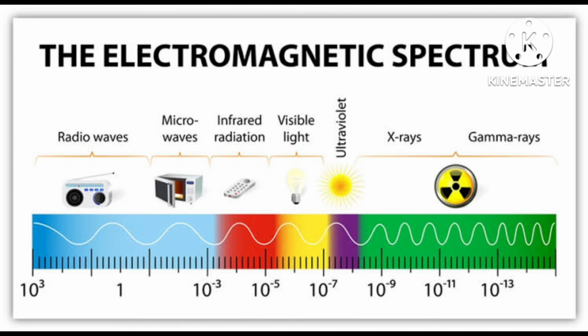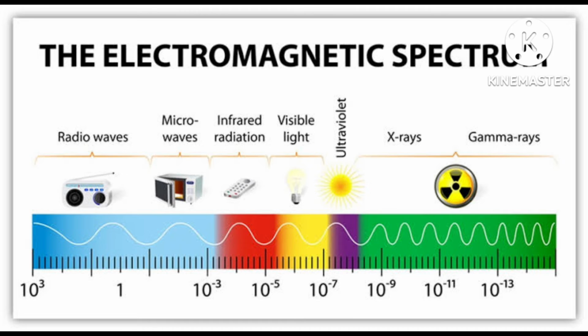For radio wave, the wavelength is longest. For UV rays or cosmic rays, which are found in the interior of the sun, frequency is highest, and for radio wave, frequency is least.